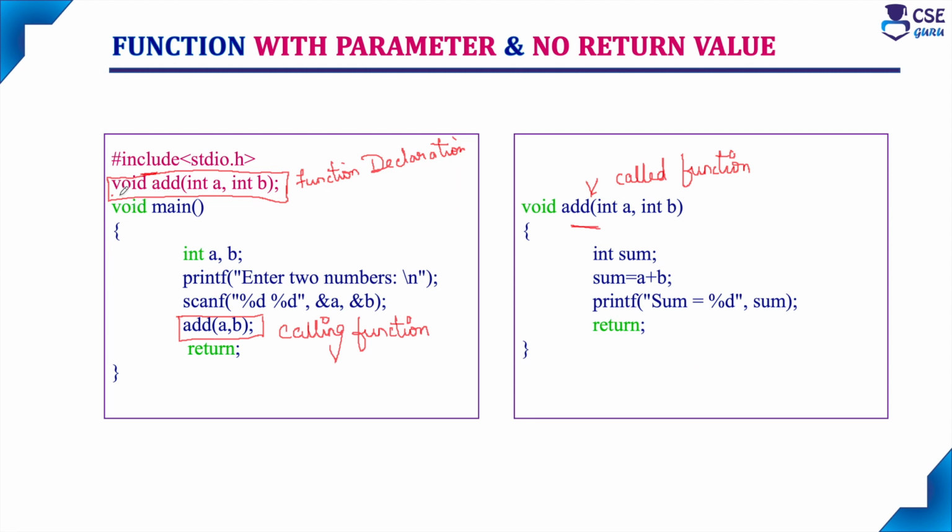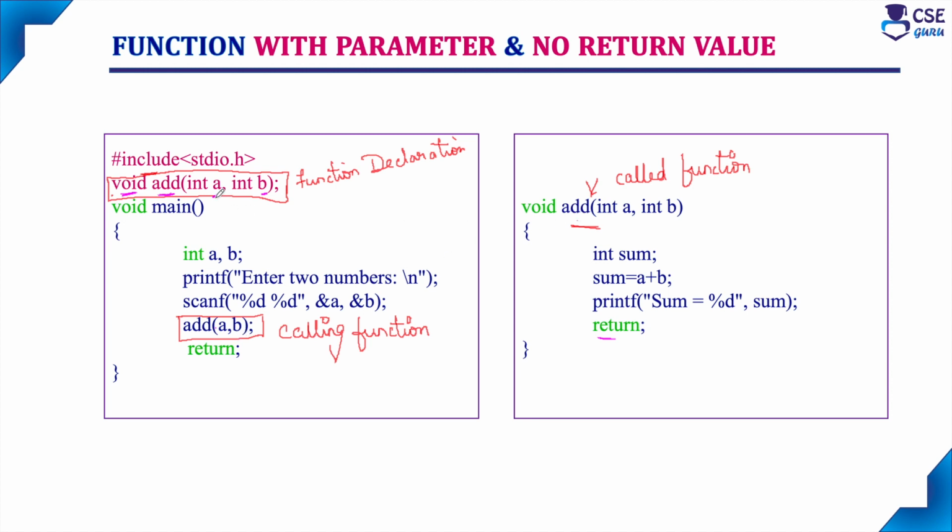Since the called function is not going to send any value to the calling function, the declaration of the function is void. The return data type of the function is void. Add is the function name, and the parameters are A and B. Both the values we are sending from the calling function to the called function.